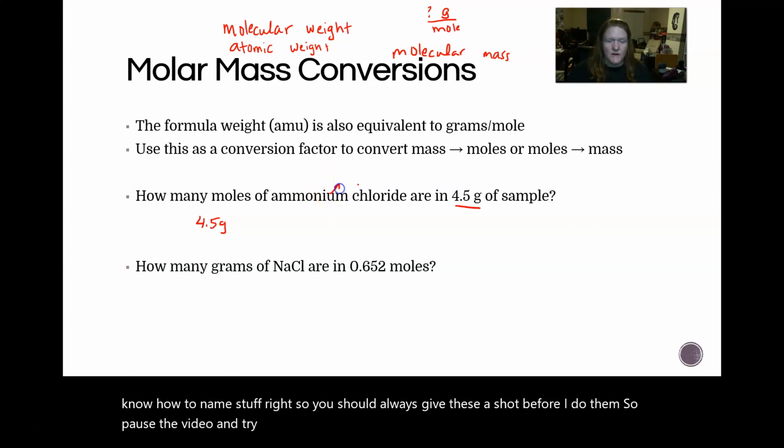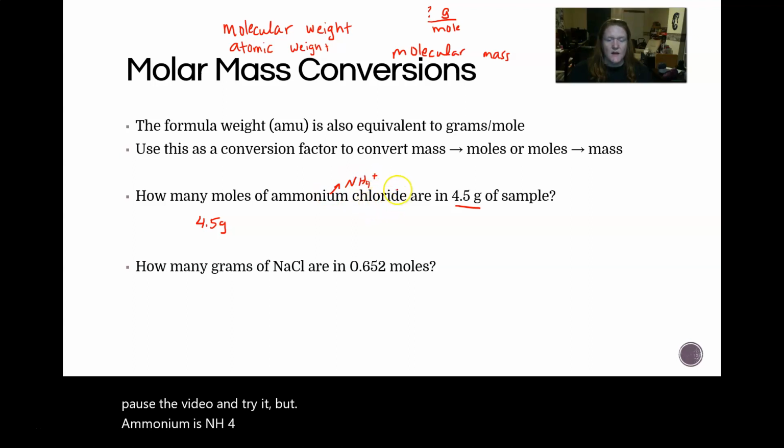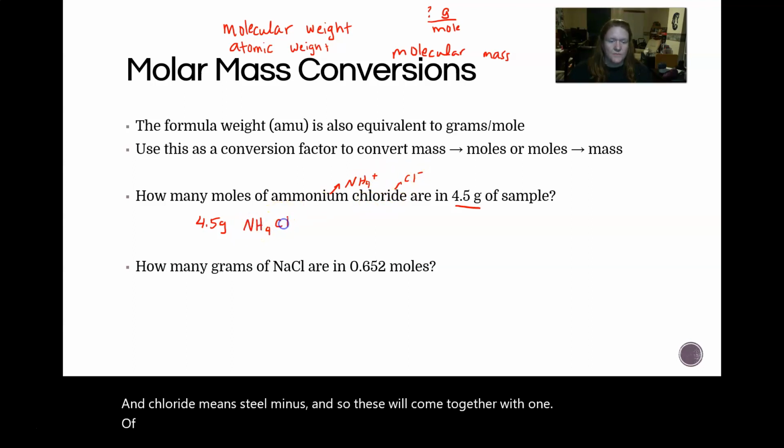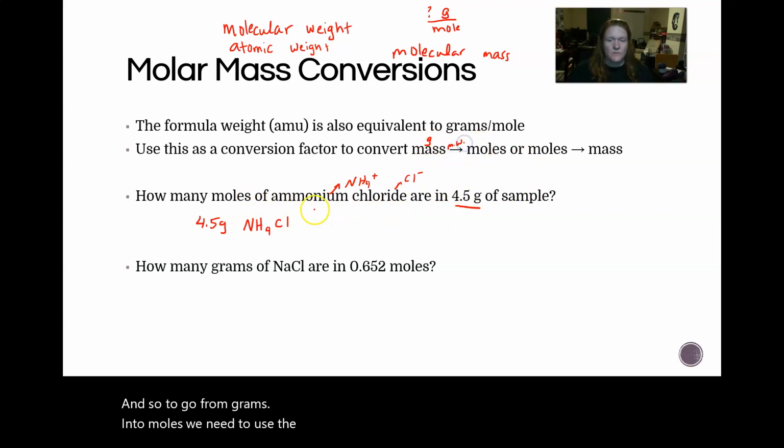But ammonium is NH4 plus, and chloride means Cl minus, and so these will come together with one of each of them, like that. And so to go from grams into moles, we need to use the molecular weight. Again, that comes from adding everything up in the periodic table.